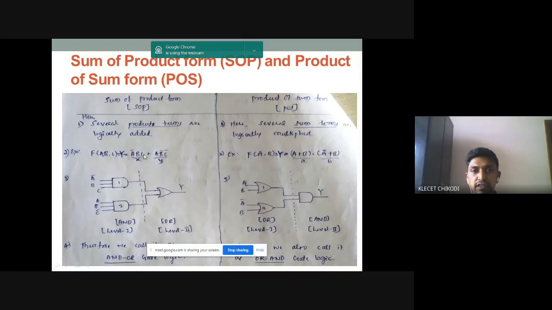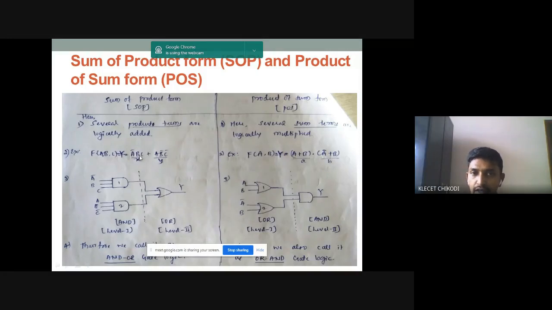Fine. And you can see that we can represent SOP in terms of AND-OR logic. We can represent any SOP, that is sum of product form expression, in terms of AND-OR logic. If you see the previous example, that is AB plus BCD plus EFGH, there are two levels.